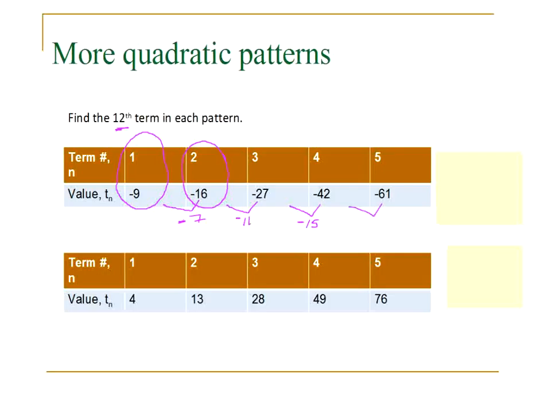Negative 61 subtract negative 42 is negative 19. And so I see that the common difference here is negative 4. And that means the A value is negative 2.